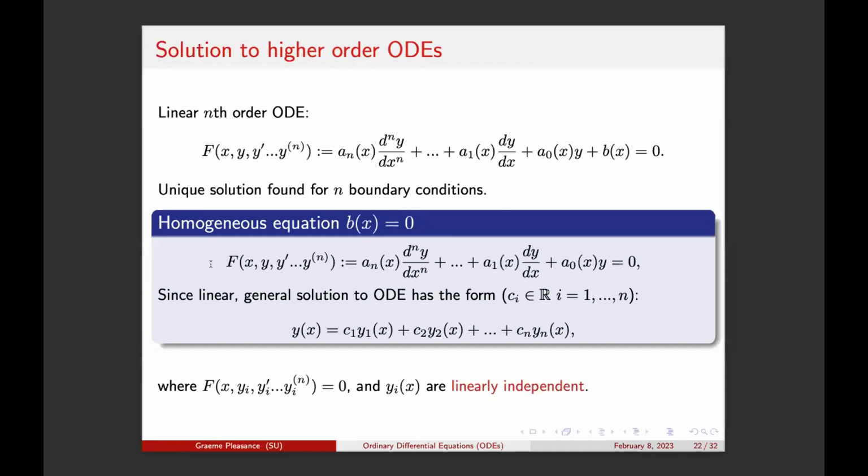So in this panel, I just showed the definition of the homogeneous version of this nth order linear ODE. What we can note is that if we want to solve this, the general solution to this ODE is going to have this general form: a linear combination of the functions y1, y2, all the way up to yn, where we assume that each of these individually satisfies this homogeneous nth order ODE.